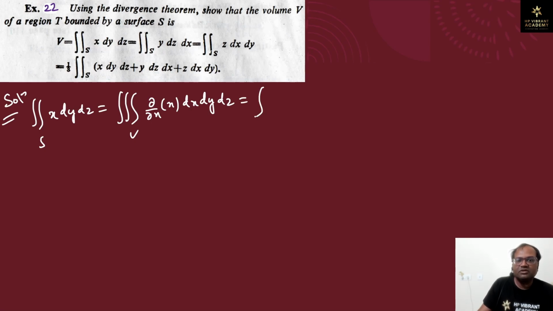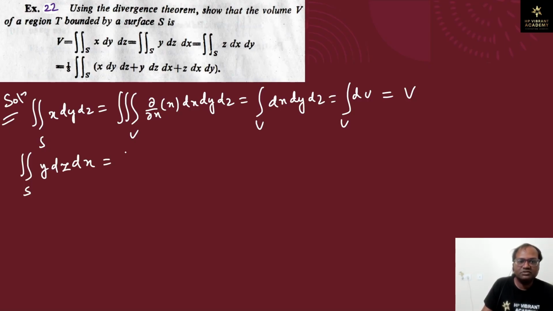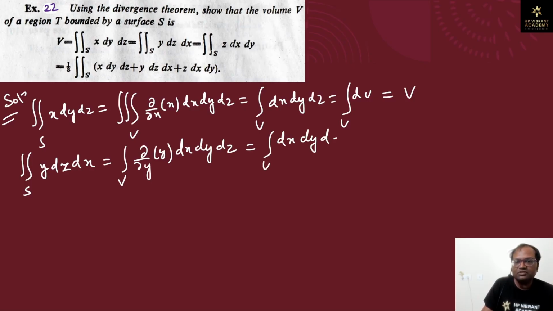This is nothing but volume integral dx dy dz, which is equal to volume integral dV. This is nothing but V. Similarly, surface integral y dz dx is equal to volume integral del upon del y of y dx dy dz, which is volume integral dx dy dz. This is equal to volume integral dV, which is V.